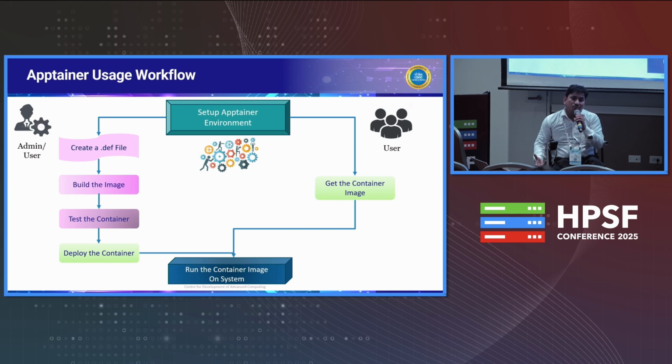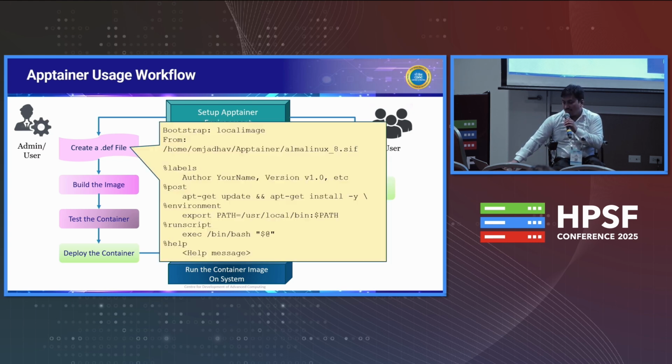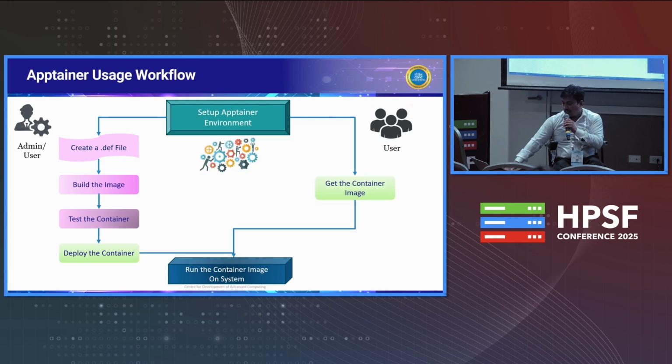Or, if you are a user, you can just create your own image file and build it. This is just a snippet of a definition file where you mention everything. Once you create the definition file, you just build it, then test on that particular system, and you are ready to run it on your system.